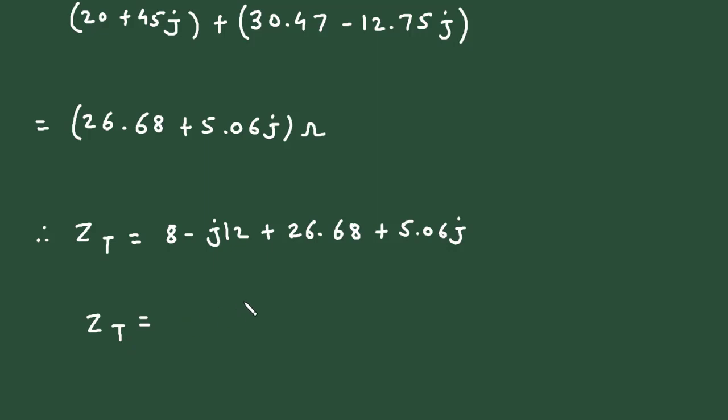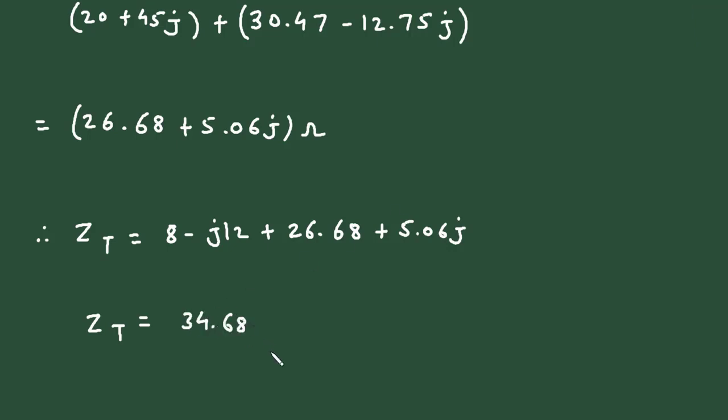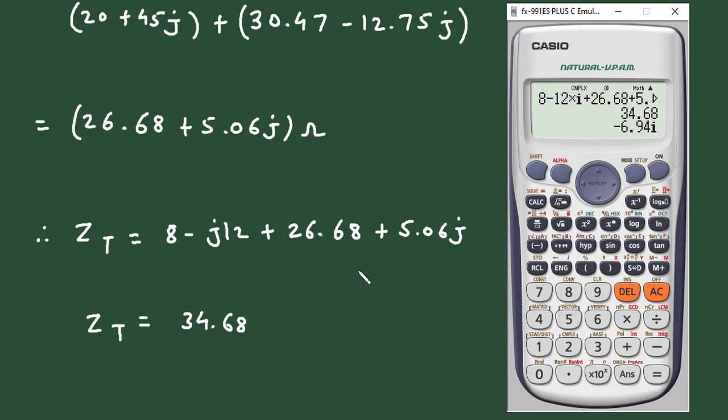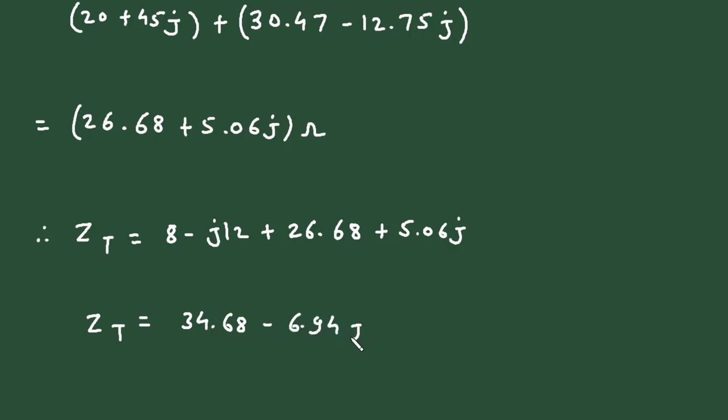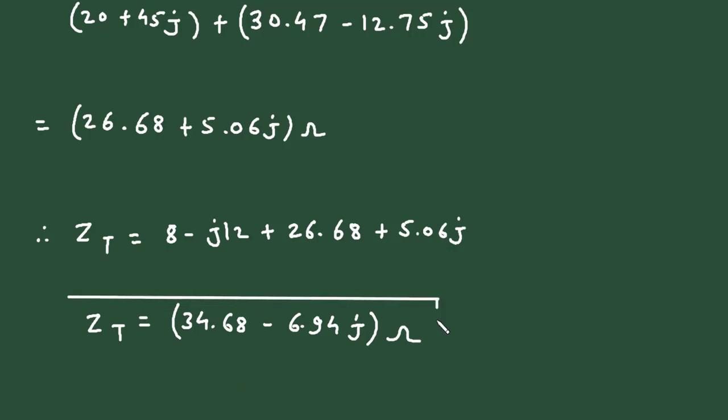So therefore ZT is equal to 8 minus 12 into j, then plus 26.68 plus 5.06 into j. So it is 34.68 minus 6.94 J, and since it is impedance, its unit will be ohm. So this is how we can find the value of impedance.